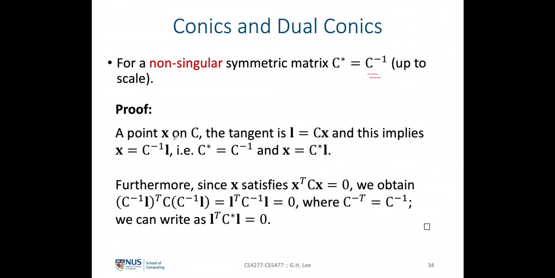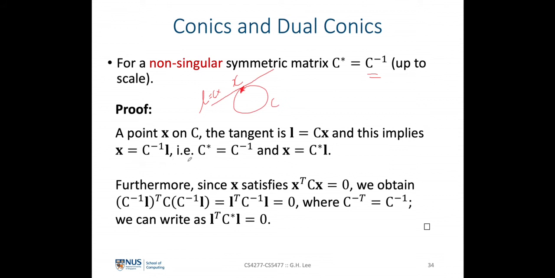Given a point x on the conic C, so let's say this is conic C, and given a point x over here that lies on the conic C, we have seen in the previous slide that the tangent is given by this equation, l equals C multiplied by x. This implies that if C is invertible, x would be equal to C inverse l.